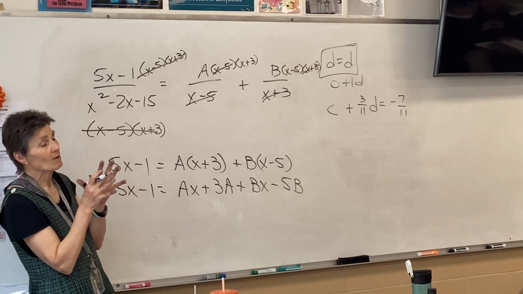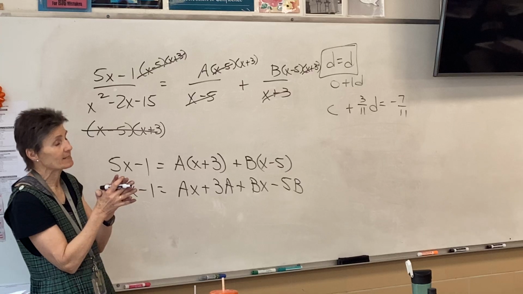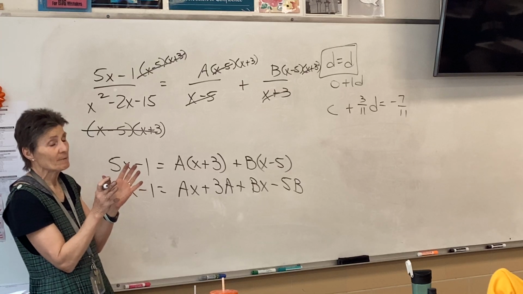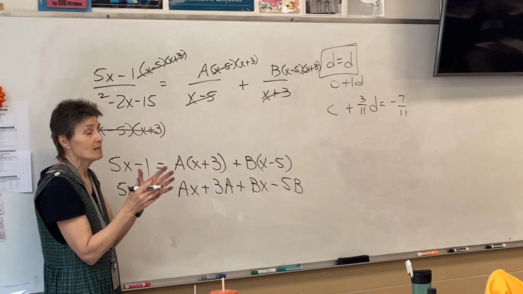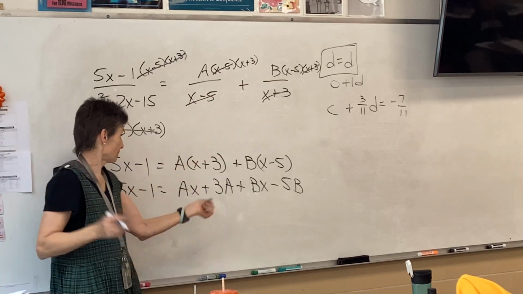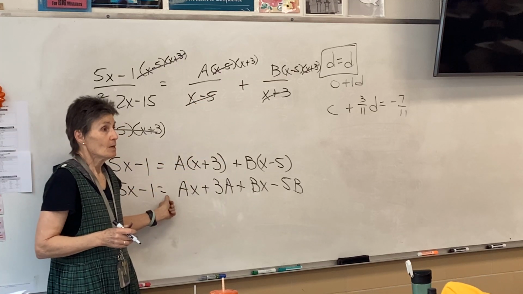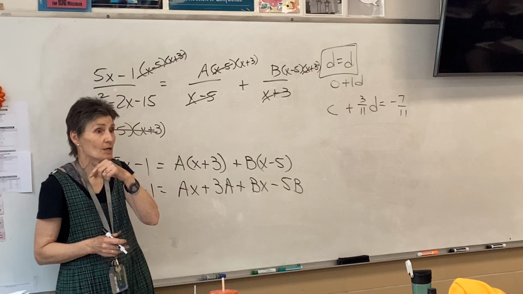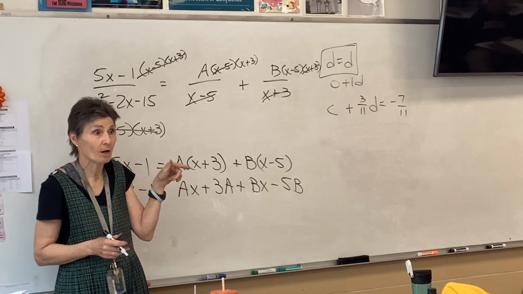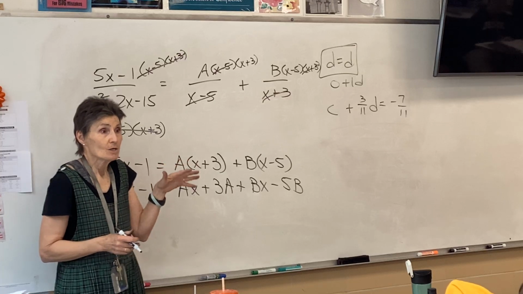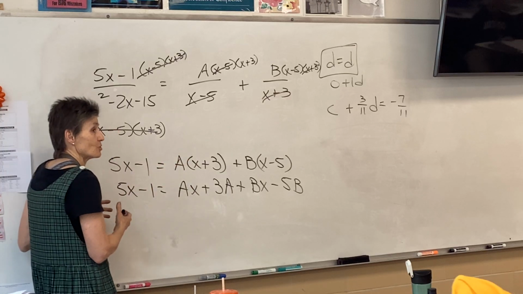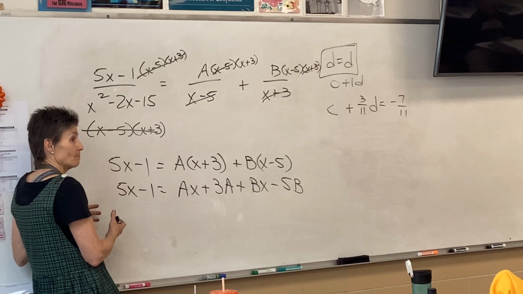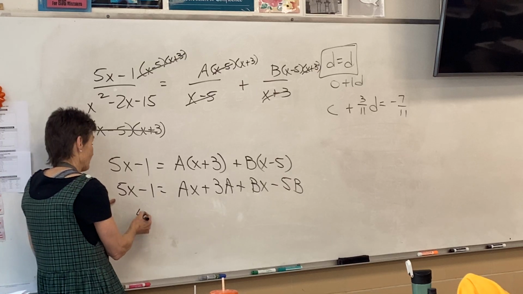This is where sometimes the confusion sets in, and I don't understand it, because it's very obvious. This is an equation, an equals. So however many x's you have on the left, you have to have that many x's on the right. So how many x's do I have on the left? 5.